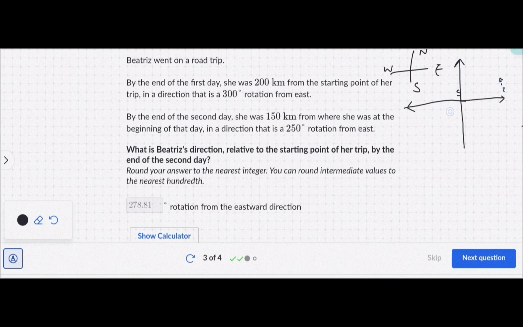She ends up 200 km from the starting point, and 300 degree rotation from east means this much. Let's say this is S1, this is S2.